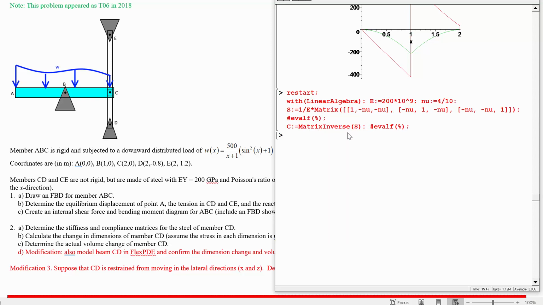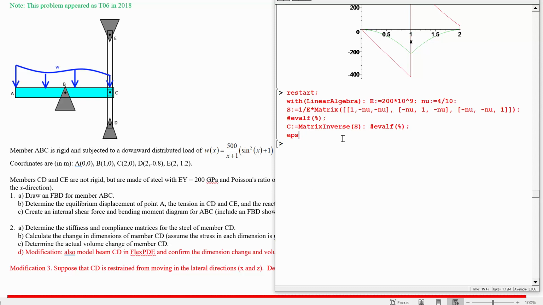So the stiffness and compliance matrix tell us how the stress and strain are related. The compliance matrix, when you multiply it by the stress, will give you the strain.